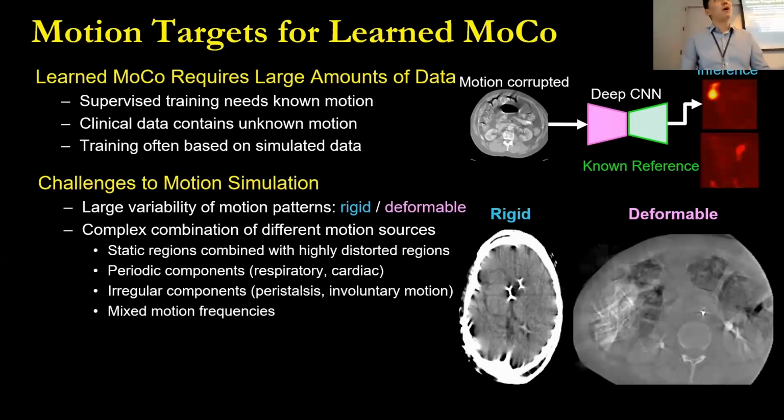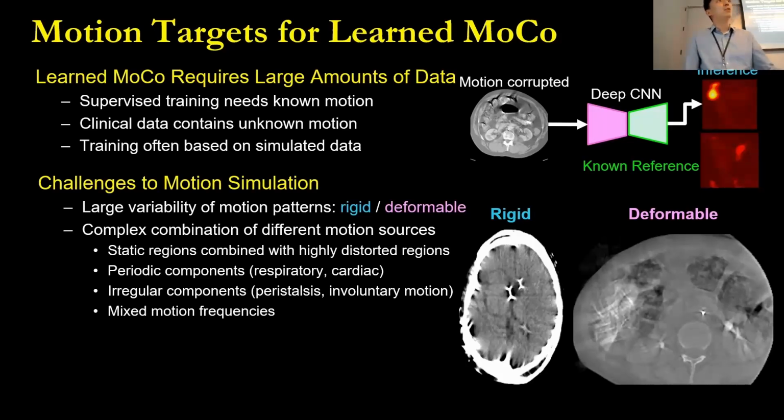It is very hard to model the motion because it has a complex nature and can vary from, for example, rigid in brain imaging to deformable soft tissue motion in abdominal imaging. The motion can also come from a complex combination of different sources.